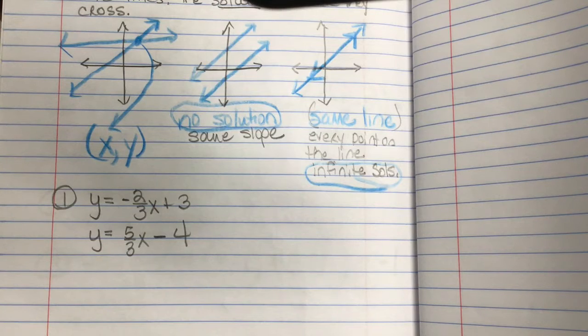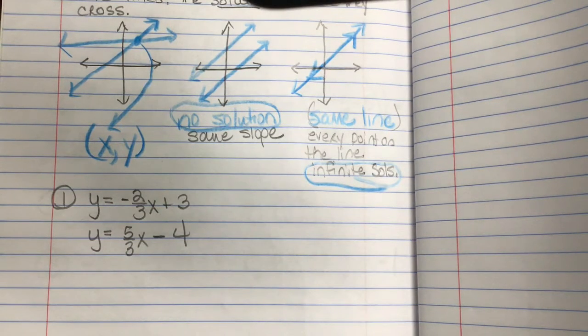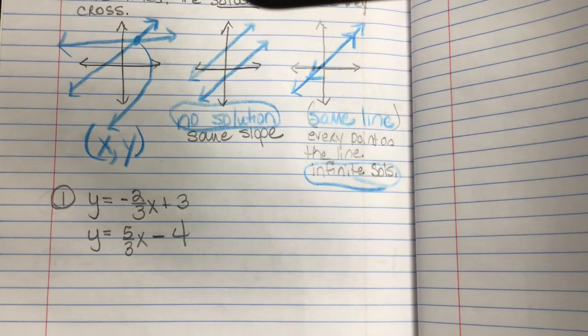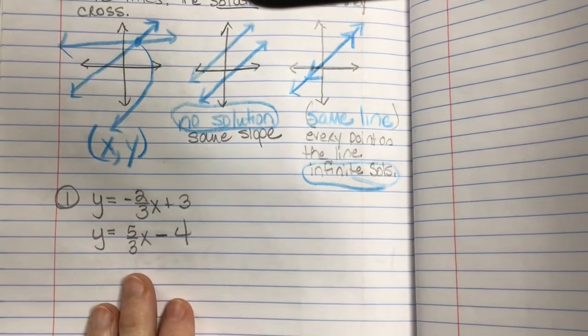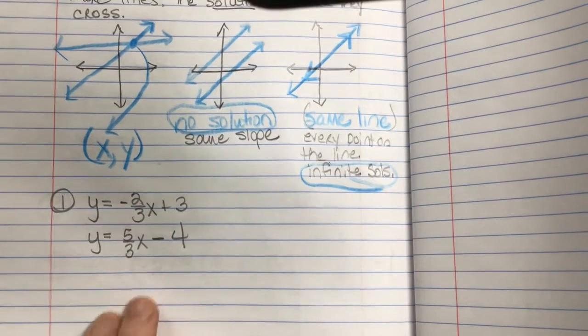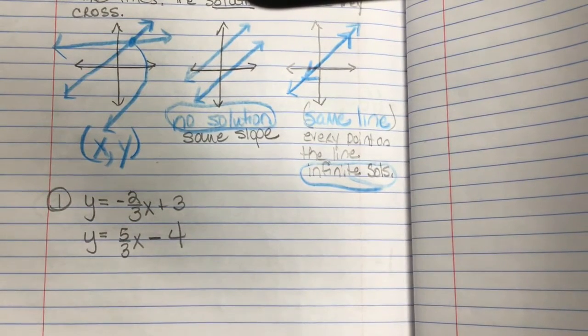Now, in Algebra 1, you would have graphed one of them on the graph paper, you'd have graphed the other one on the graph paper, and you would have had to estimate where they crossed. But you're not just learning that, you're learning how to do it. And we're going to do the algebra side of it in the next couple of weeks. But we're learning at the very basic level to do it by graphing when they're in that nice y equals mx plus b form. Are these the same line?